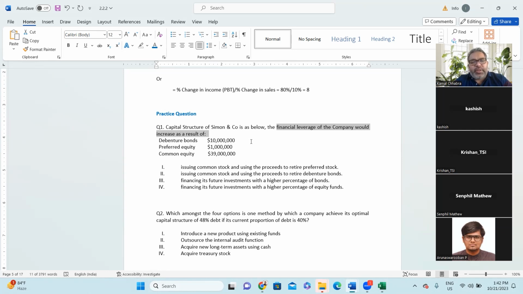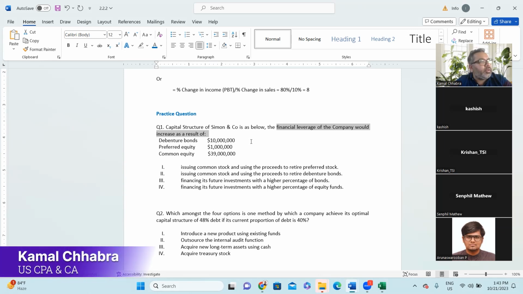Total capital, equity plus preferred stock, is $40 million, and the debentures are $10 million. What is the debt to equity ratio here? 1/4, right? So look at all four options and identify which option is correct.